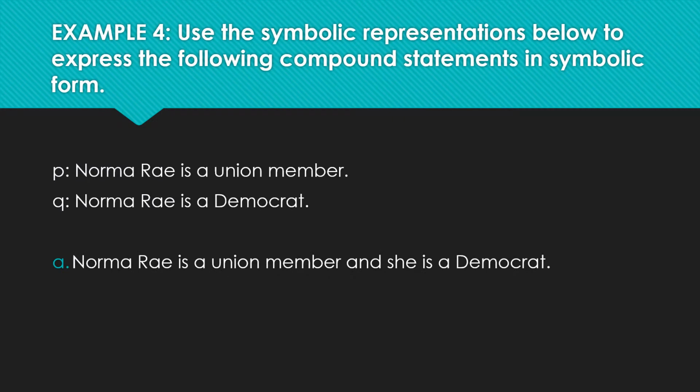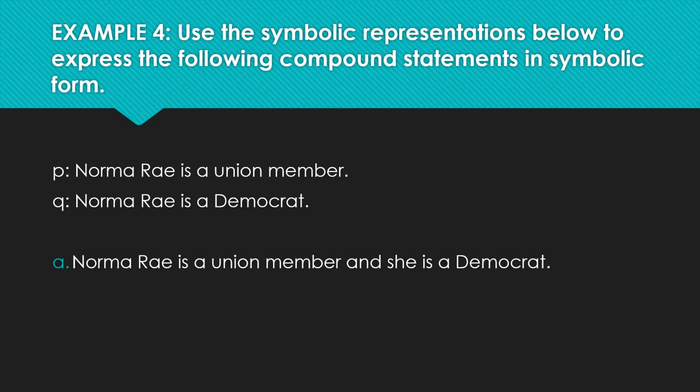So let's look at an example with conjunctions. It says, use the symbolic representations below to express the following compound statements in symbolic form. So basically just take what they let you know P and Q are, and then we're going to take this sentence and represent it in symbolic form.